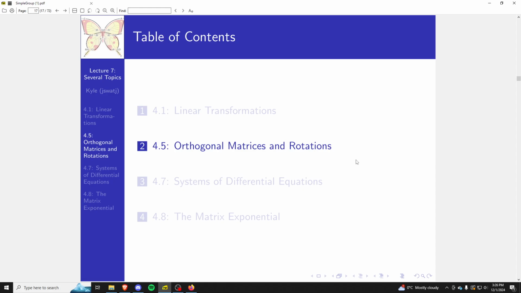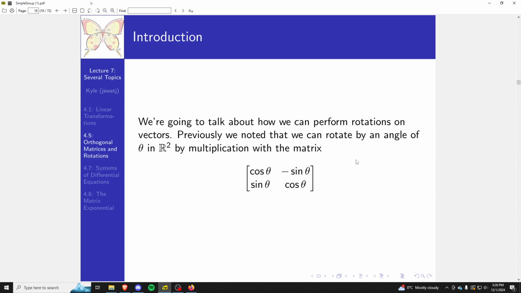So next is orthogonal matrices and rotations, which is 4.5. I know we made a big jump. We're going to talk about how we can perform rotations on vectors.